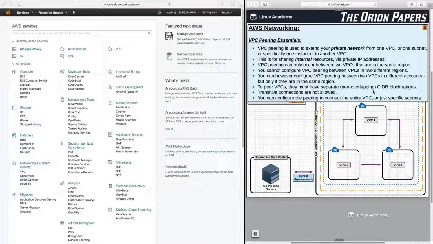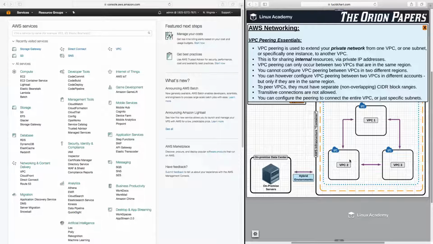Also, transitive connections are not allowed. And what do I mean by transitive connections? Well, let's pretend that there is no peering between VPC2 and VPC3, but there is a connection from VPC1 to VPC3 and VPC1 to VPC2. Now, what transitive connections would allow is resources in VPC2 to communicate with resources in VPC3, because VPC1 is connected to VPC2 and VPC1 is connected to VPC3.